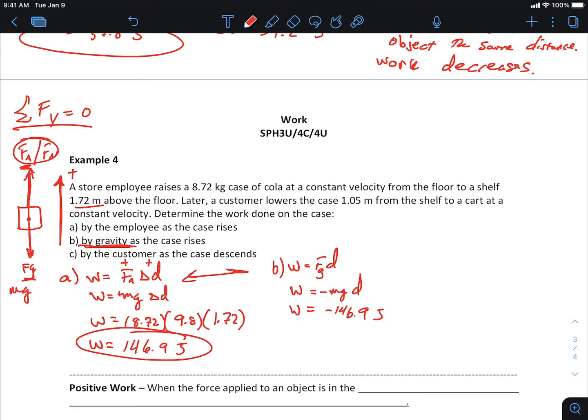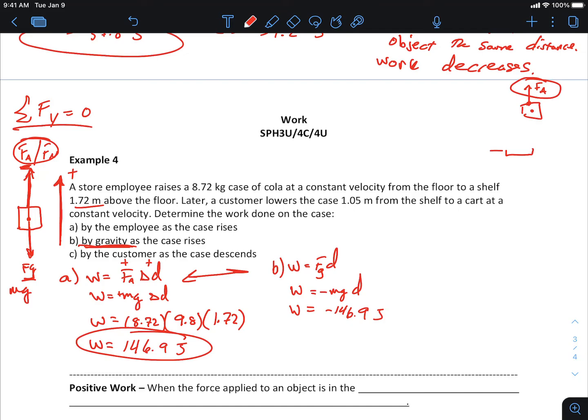we want to know the work done by the customer as the case descends. So think here, the customer's got her cart, right? And we're taking the case of cola down from the shelf, and it's going to land in the cart, right? But the entire time that's happening, the customer is applying a force upwards. This is the force we're interested in.